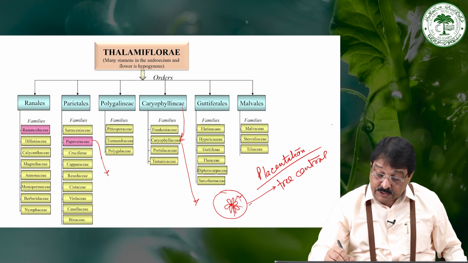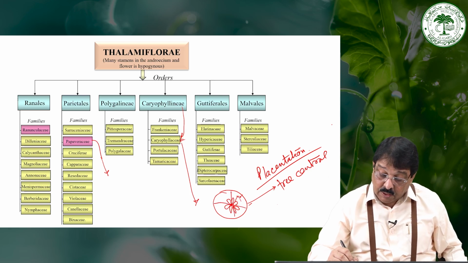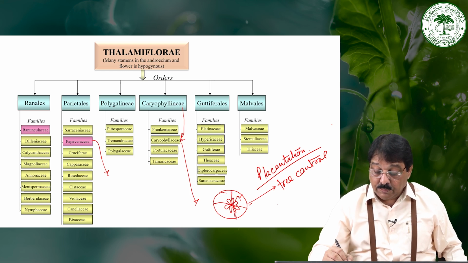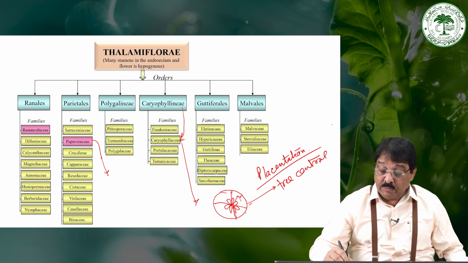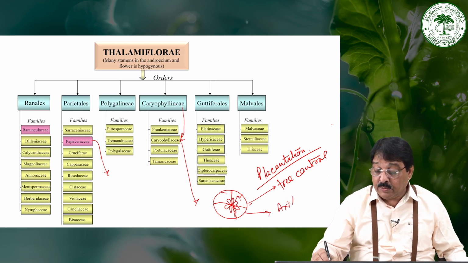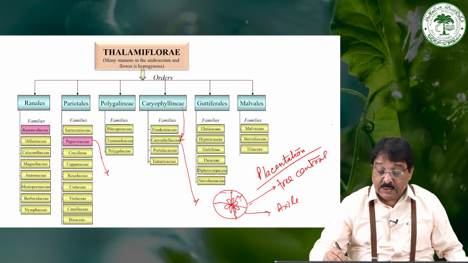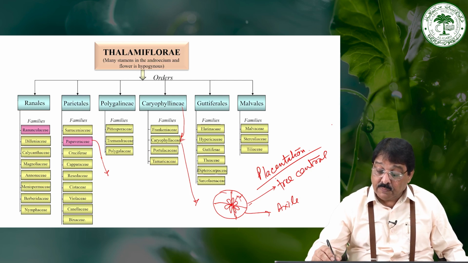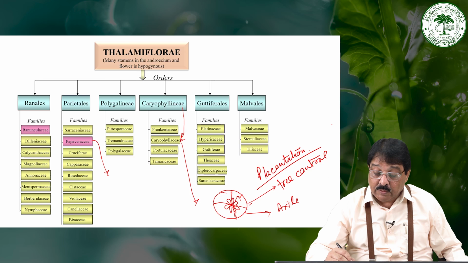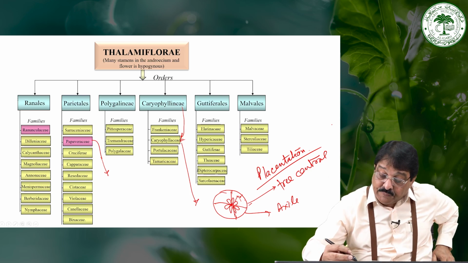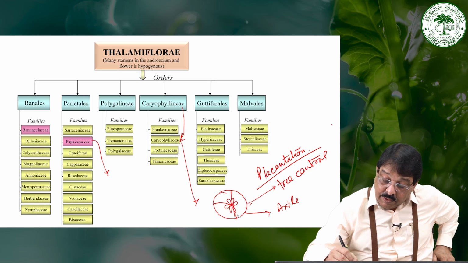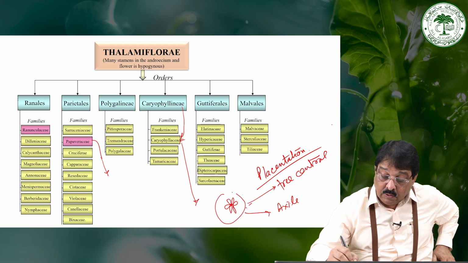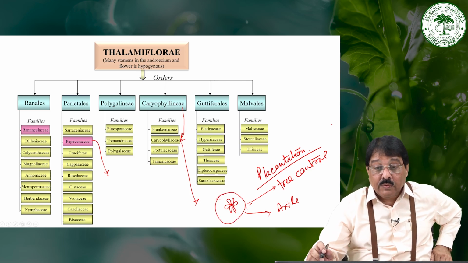If it has septation, or you can say attachment with the ovary wall, then the placentation changes. It will be called axial placentation. If it doesn't have any attachment with the ovary wall, then it is called free central placentation. In free central placentation, the chamber is only one; only one locule will be there.